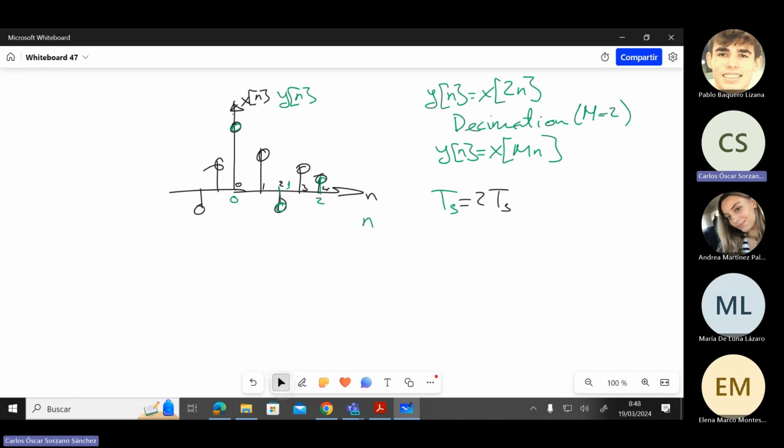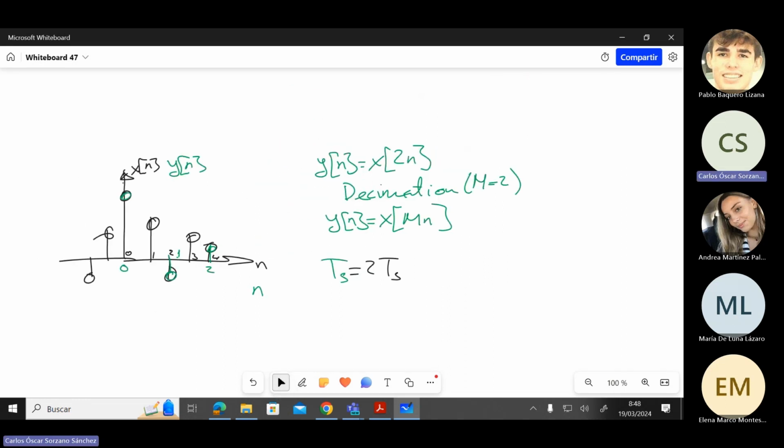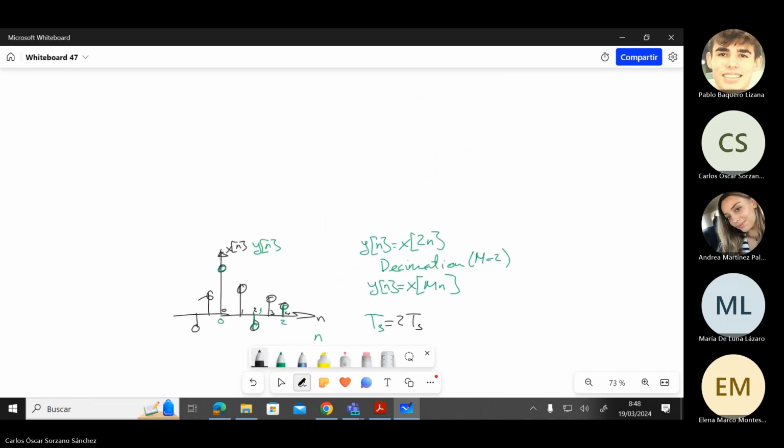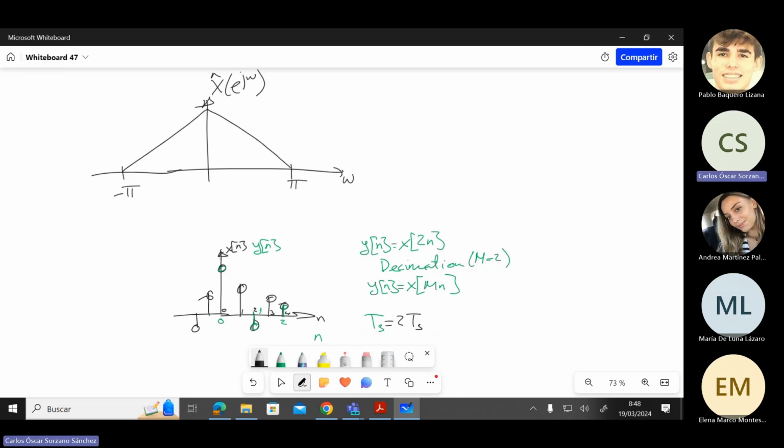Okay, so we have power spectrum here. It's smaller. So let's think of the power spectrum of x of n. So we know that it goes from minus pi to pi, because we are taking the FFT.